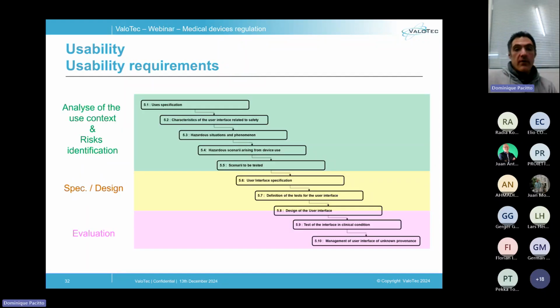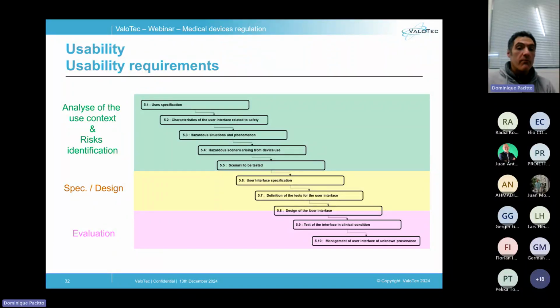If we open the black box to see what lies within, we can see that the heart of the standard is in chapter 5 and is made up of 10 clauses describing 10 development steps. To ease the understanding, we have to keep in mind that these 10 clauses can be grouped in 3 main activity families. Clauses 5.1 to 5.5 are activities related to the use analysis and the risk identification.